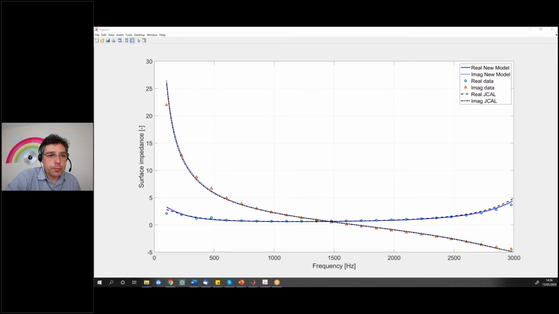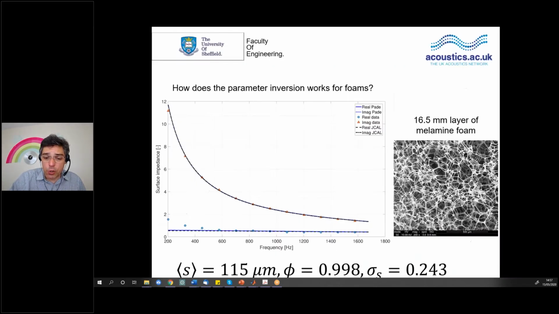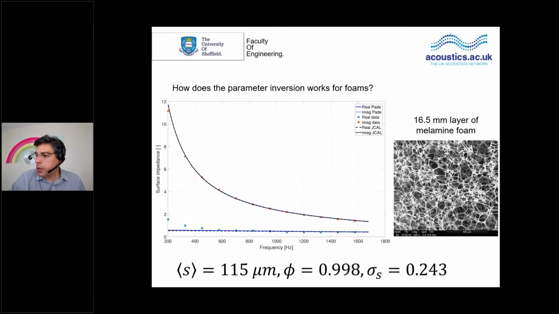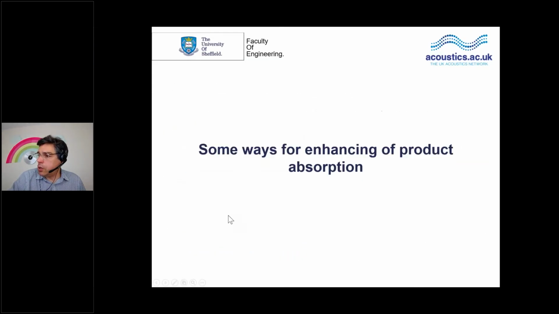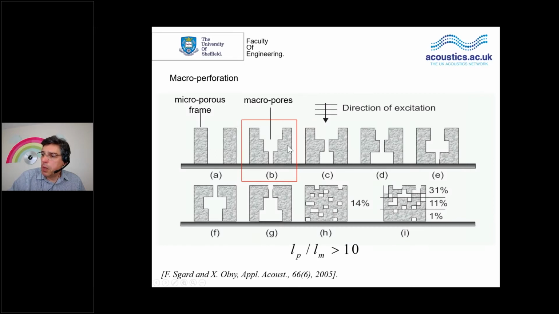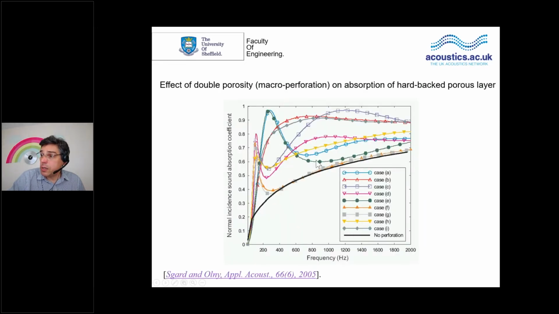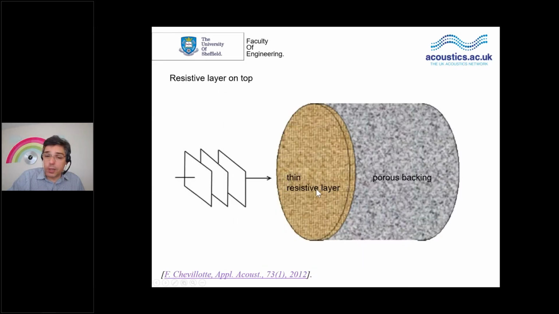Anything else? Well, talking about maybe future research, guys. I think what would be nice to do, if you look at what's been done in terms of improving acoustic absorption of materials, I can briefly show you, for example, double porosity, which is nice, a thin resistive layer, including nanofibers, nice.